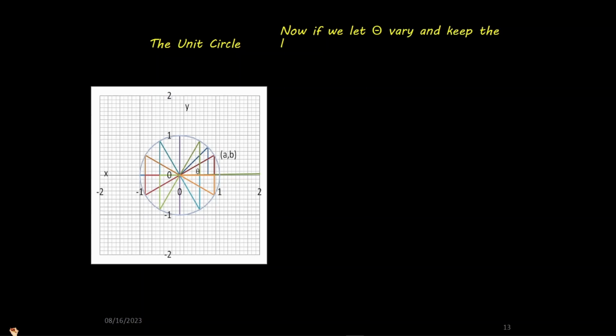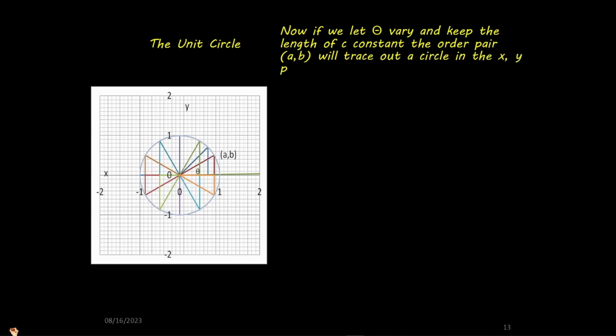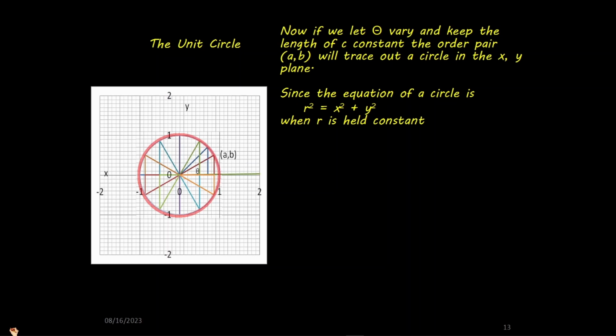Now, if we let theta vary and keep the length of C constant, the ordered pair A, B will trace out a circle in the xy plane. Since the equation of a circle is r squared equals x squared plus y squared, when r is held constant, this implies that c squared equals a squared plus b squared.